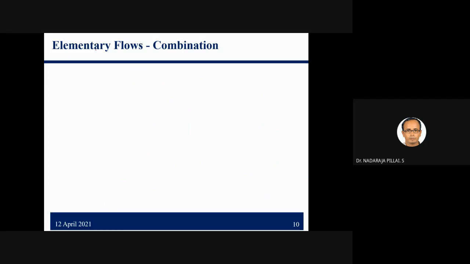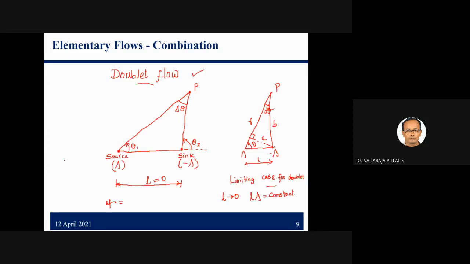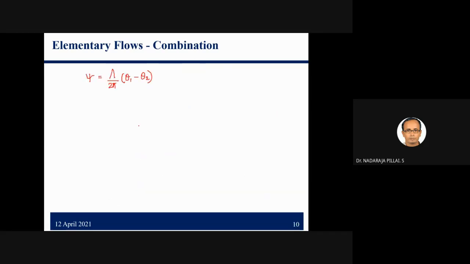Let us write the stream function. Say psi is equal to lambda by 2 pi, we have a lambda at that point, then theta 2. Here you have a sink and the source. So psi is equal to lambda by 2 pi times theta 1 minus theta 2.